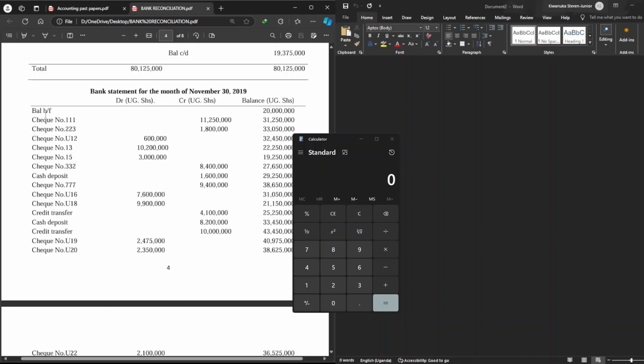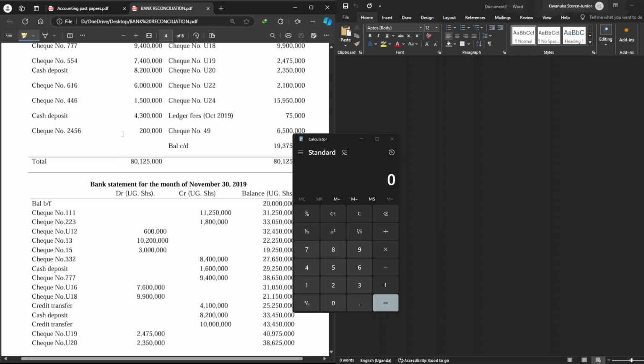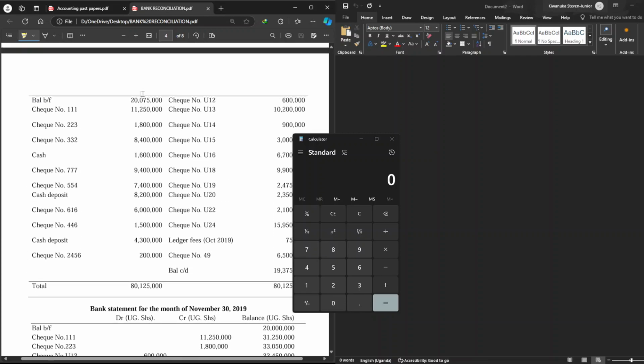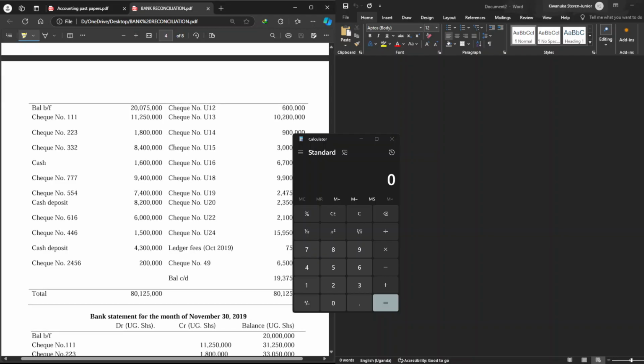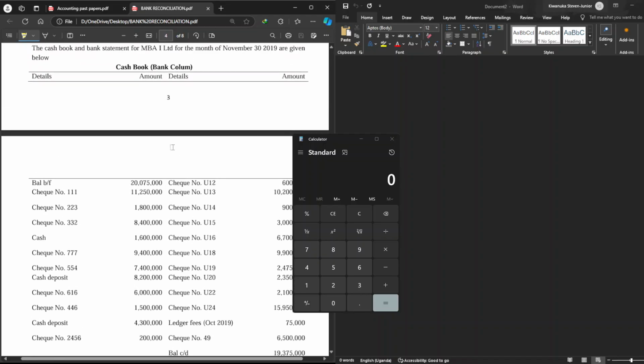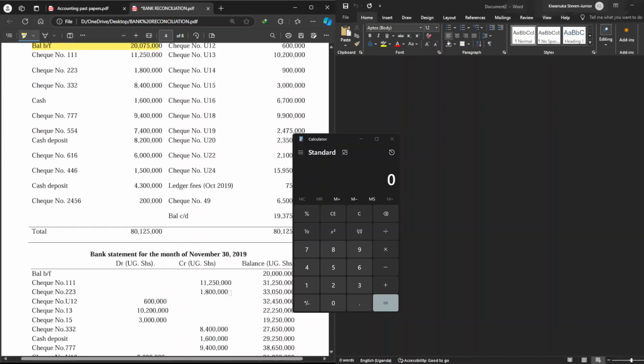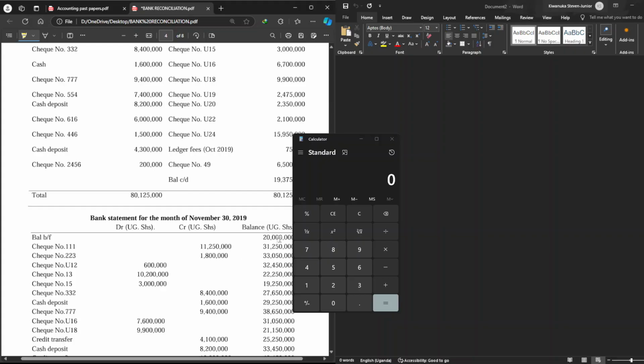We start with this balance brought down. You see, it is 20,000, and we'll use these tools to help us. So we come this side and we see that this balance brought down is more than what we have here. Wow.